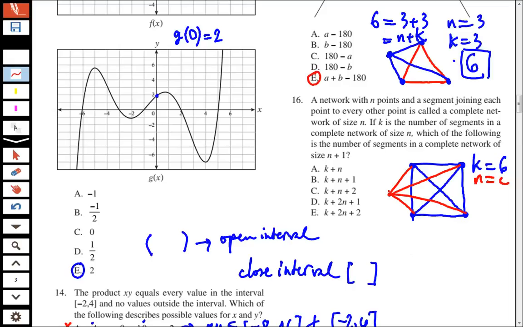Hence, with the new network of size number 5, the number of segments is 1, 2, 3, 4 and 6 blues, so we have number 10, equal to n choose k. So we can conclude that option A is the one we need.